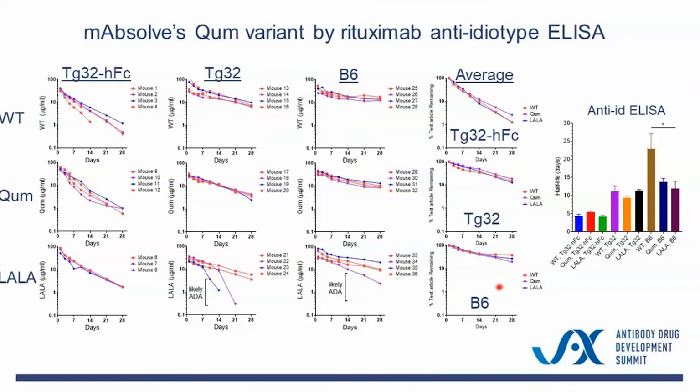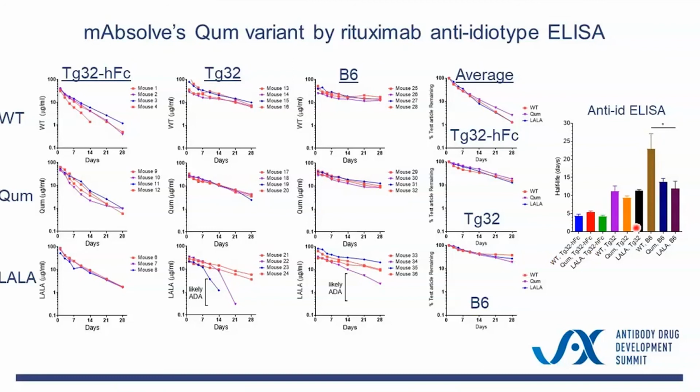And again, when this data is also plotted on a percent test article remaining, you can see that each of the variants holds up well. And in particular, the QUM variant does well in terms of being just like the wild type rituximab.